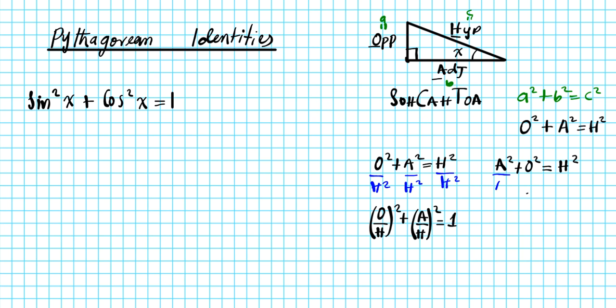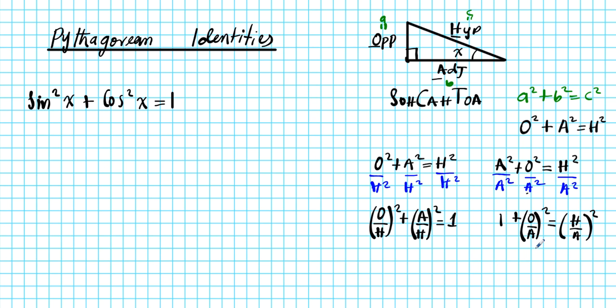We already did H. If you divide everything by A square, what will result? Using the reversal of the power of a quotient property of exponents, this becomes just 1 plus O over A, squared, equals H over A, squared.